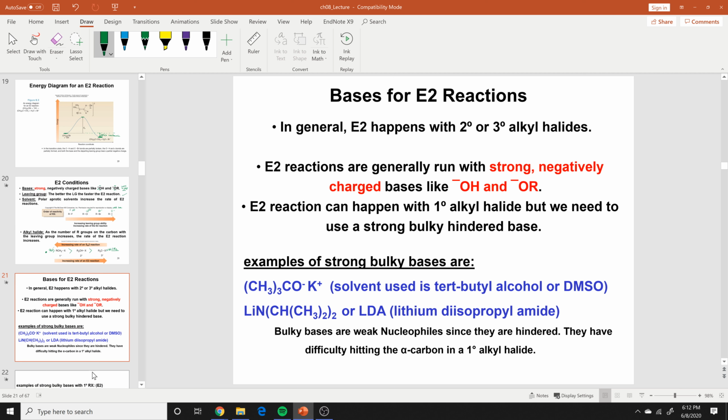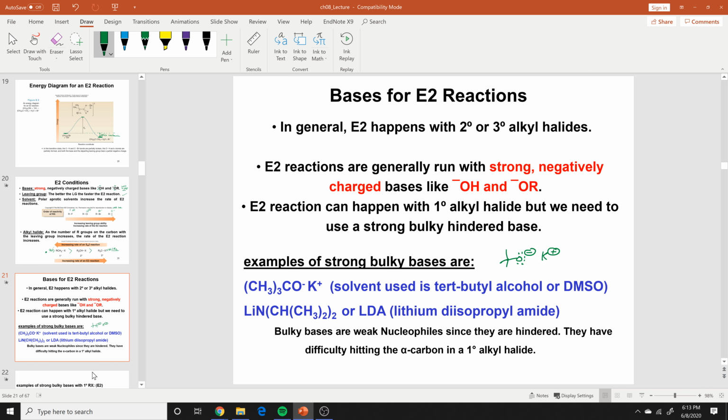Now with bulky bases like potassium tertiary butoxide or lithium diisopropylamide. Normally you're going to see me drawing potassium tertiary butoxide in skeletal form, like that. This is a very bulky base, and that base is hindered. See those electron pairs?